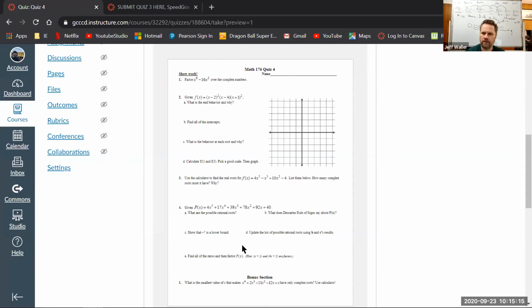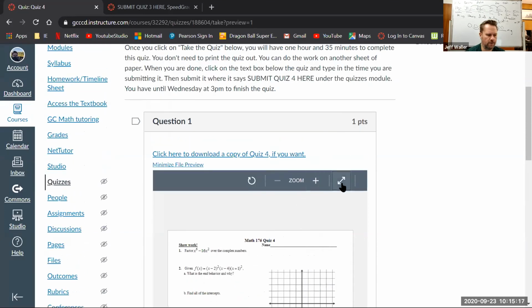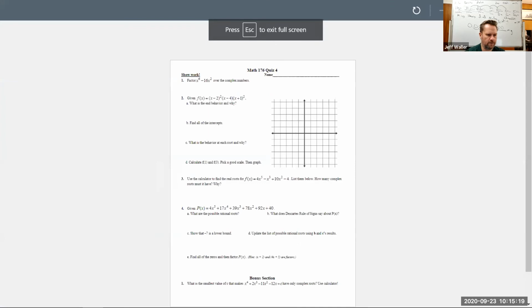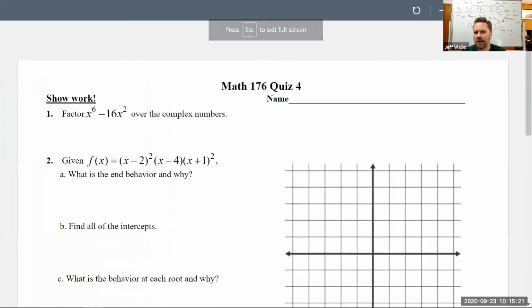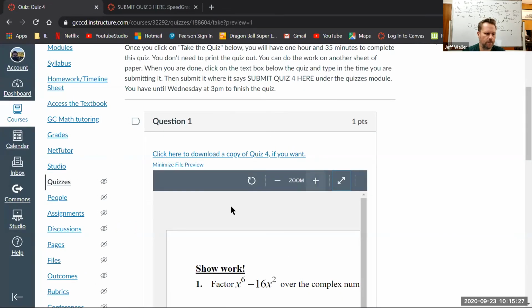You with me? And of course, you can zoom in on that, blow it up, or you can print it out and work right on it. You guys with me? I like that a lot better than trying to type the text in, and then it gets really weird with tables and stuff, right? So now I can just do it in Word. That's a lot better.